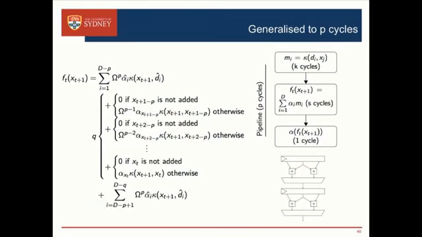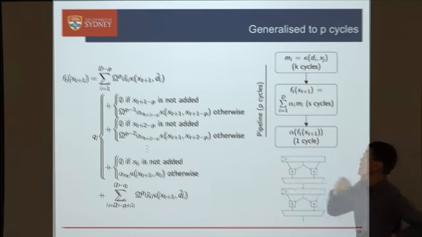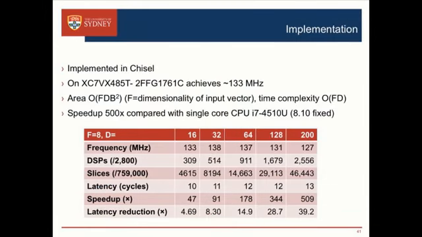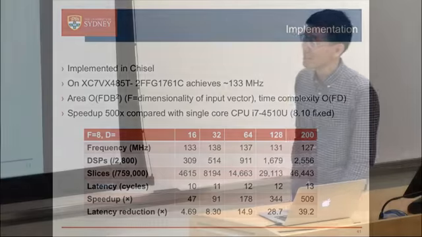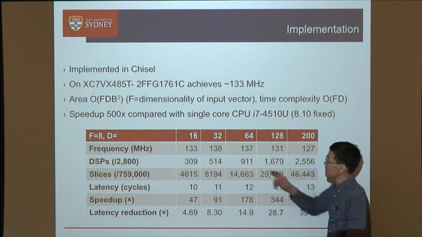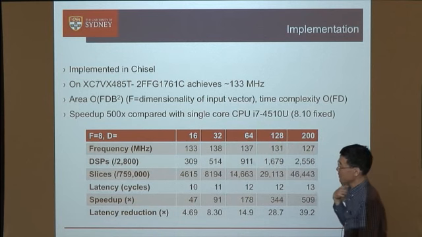So to generalize it to p cycles, the equation looks like this. It's a little bit messy, but it's manageable. And we can build a data path like this, and we can make our implementation. So this time we didn't use HOS. We actually implemented this in Chisel from Berkeley. And this is the input vector length.